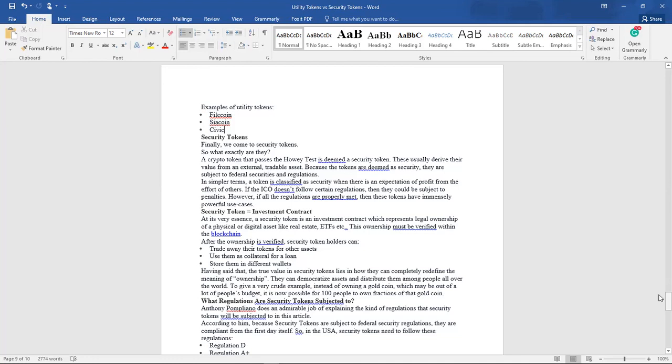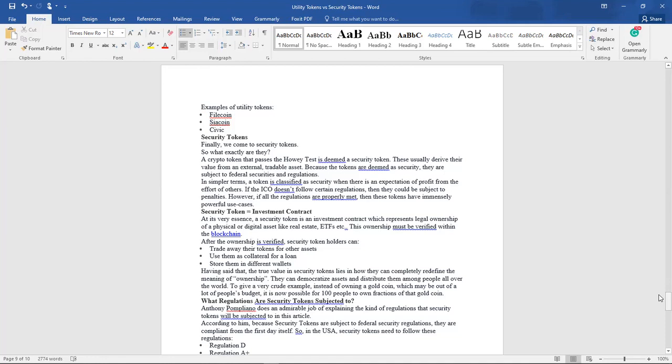Having said that, the true value in security tokens lies in how they can completely redefine the meaning of ownership. They can democratize assets and distribute them among people all over the world. To give a very crude example, instead of owning a gold coin, which may be out of a lot of people's budget, it is now possible for 100 people to own fractions of that gold coin.